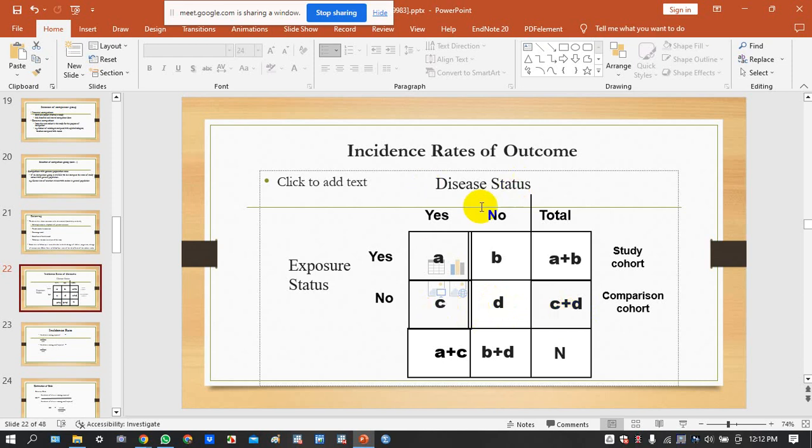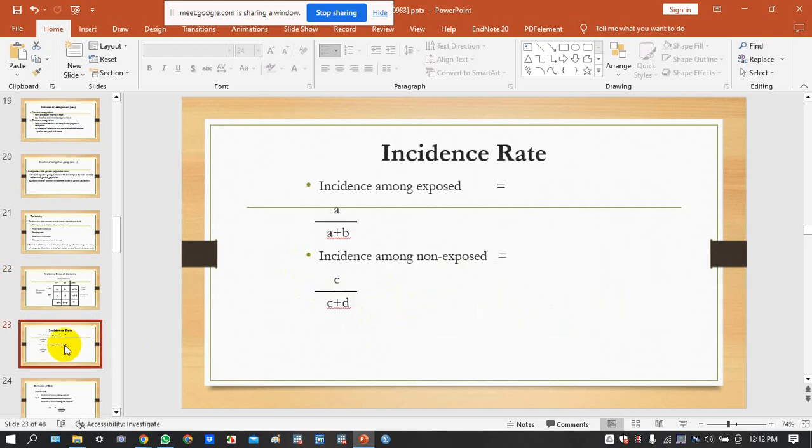C had the disease but was not exposed to the factors that can cause it. She didn't smoke cigarette or cocaine or anything, but she ended up getting the disease. So we call those people the comparison cohort, or incidence among the unexposed, the non-exposed group.